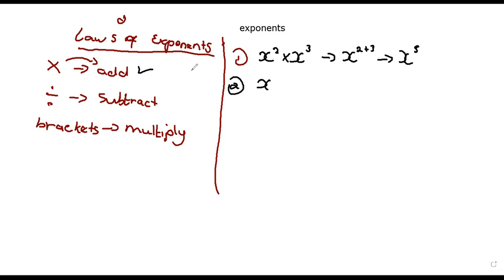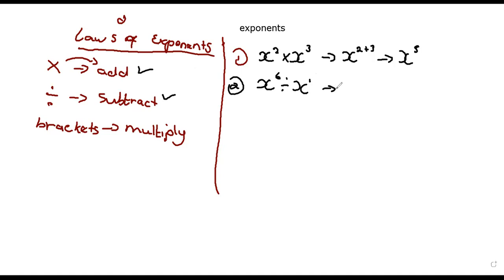Let's look at the second one. When you divide, now whenever you have x like this and there's no exponent, you should know that there's always exponent 1, but in maths they usually don't put it. When you divide powers of the same base, you subtract.